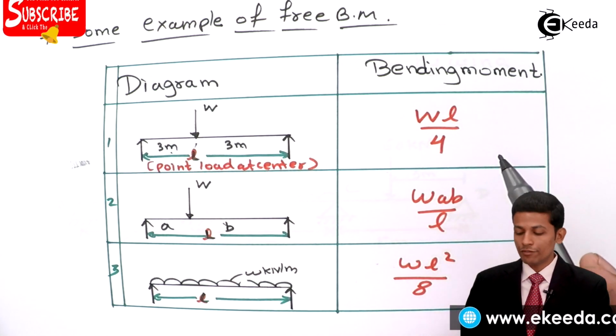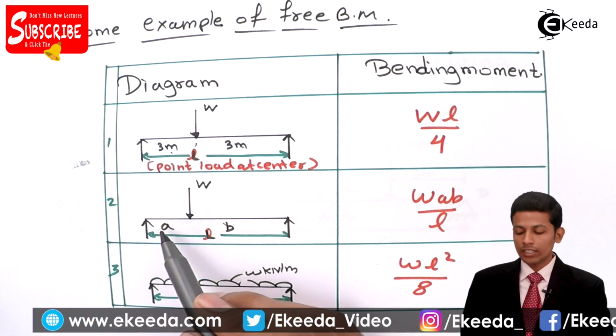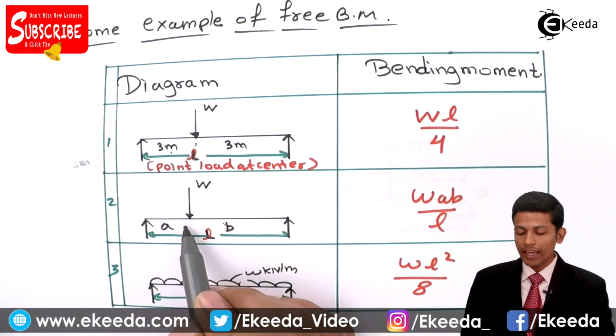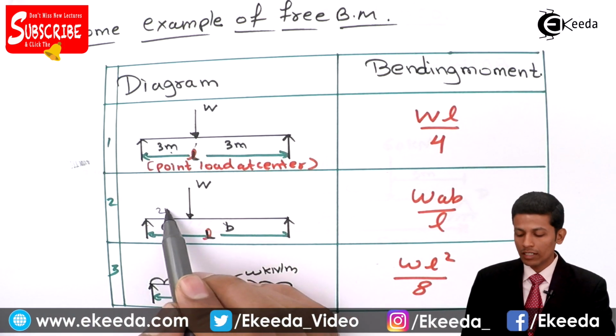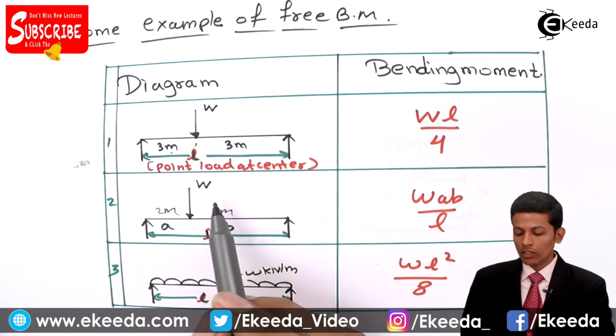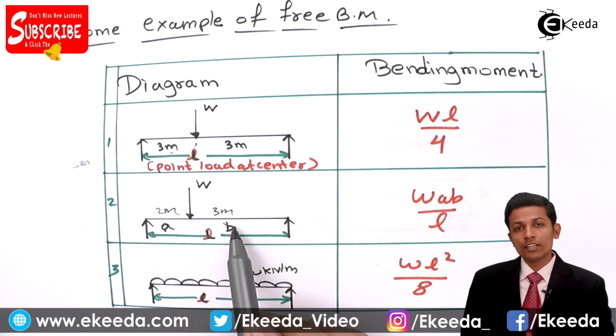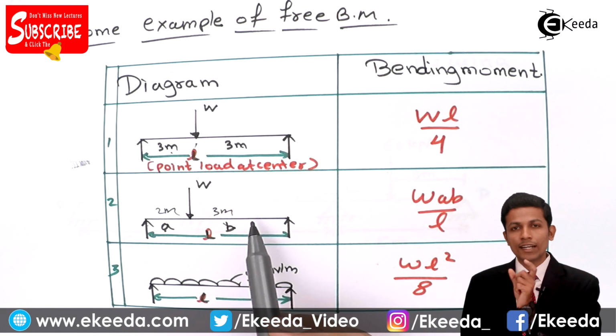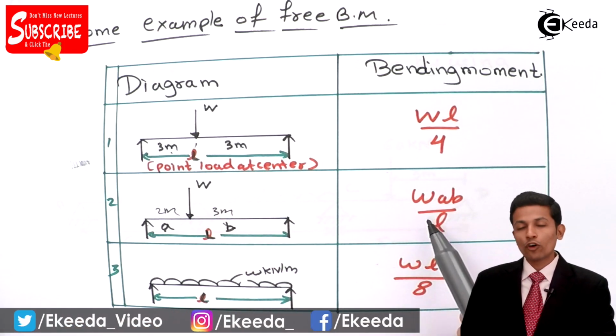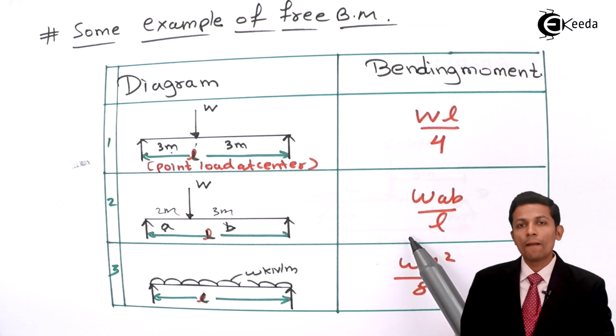Now when there is an eccentric load, this distance is A and this distance is B, for example 2 meters and 3 meters. Always take the first part as A and the second part as B. So the formula will be WAB by L.